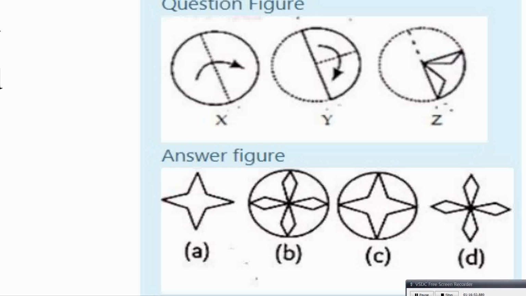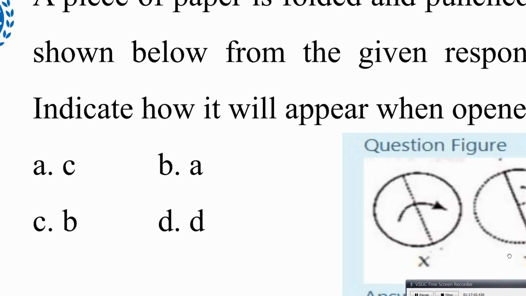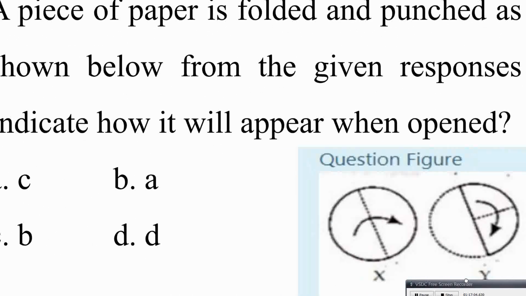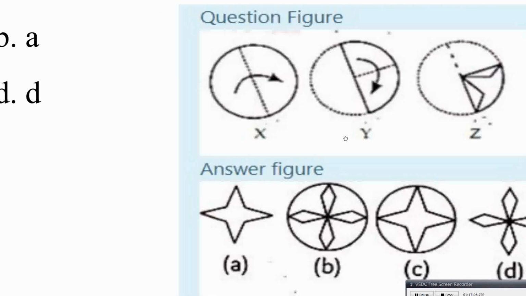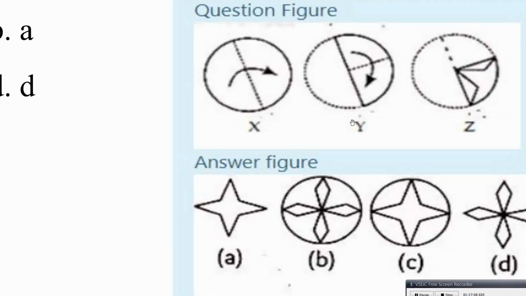So the circle shape overall will come. The dotted lines only show whether the paper is circle shape or not. They will mention square or circle. Generally, they'll mention a piece of paper, a transparent square sheet, a transparent circle sheet, or circular, triangle.